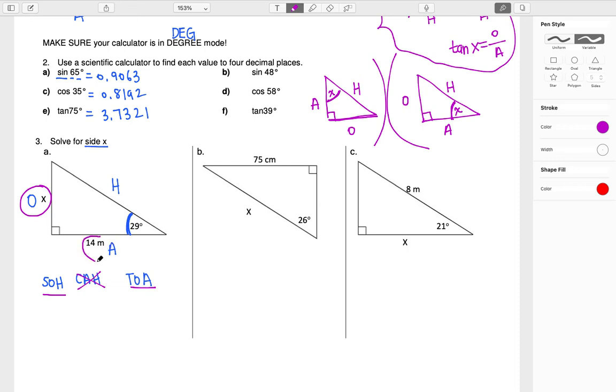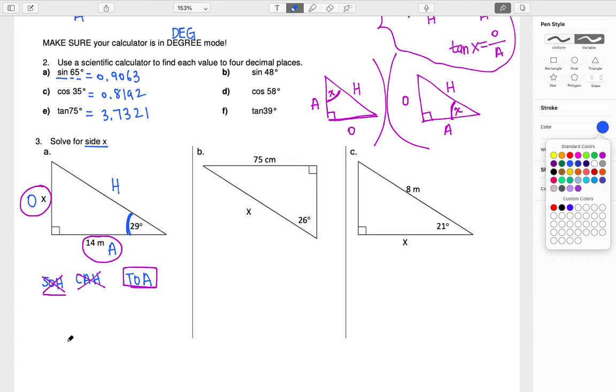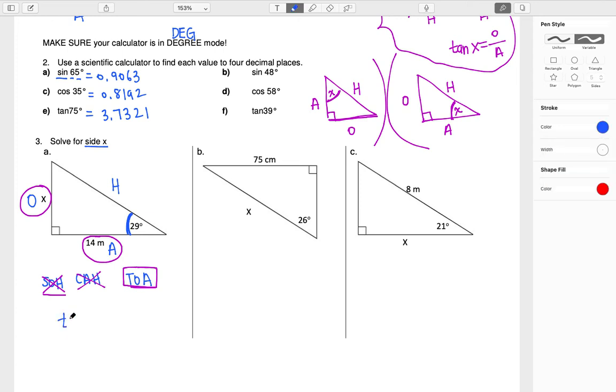It looks like we're given adjacent. So then so does not have adjacent. So by process of elimination, sine is out of the picture. So we have to use Toa. We're looking for opposite and we're given adjacent. So therefore, let's write down the full formula for Toa.